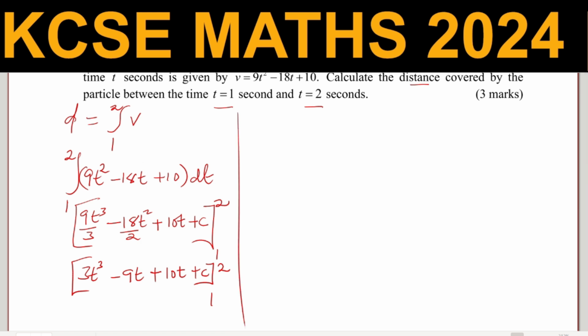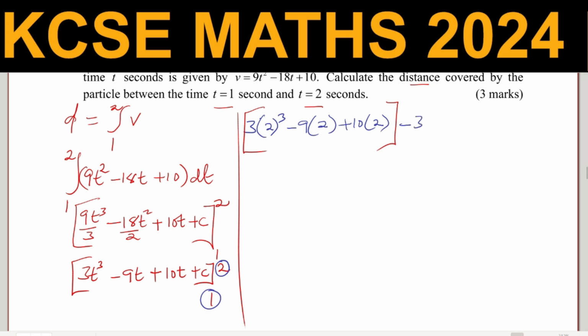We are going to first substitute t with 2. So 3, then this is 2 cubed, minus 9, t is 2 squared, then plus 10, t is 2, like that. Then close that bracket. Then subtract, substitute 1.